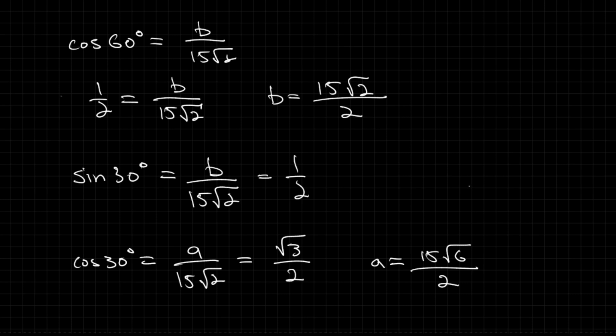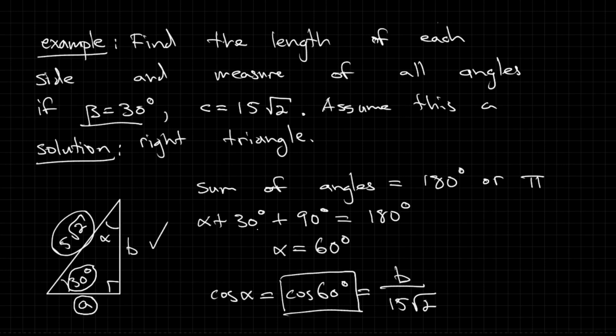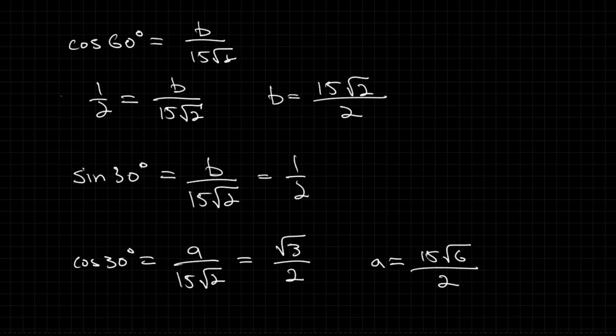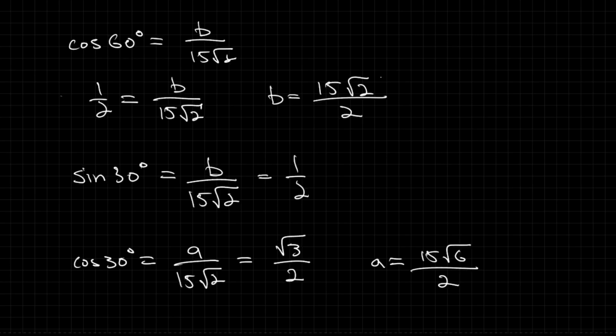But like before, that's not the only way to figure out what a is. If we look back, remember now we actually know what b is. So we could say tangent of 30 degrees is b over a. And let's see if we can get the same answer. So tangent 30 degrees, that's b, and what did we find out b is? b is 15 root 2 over 2.